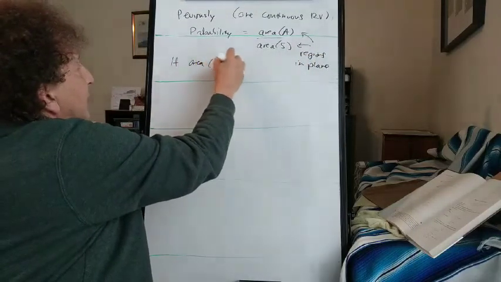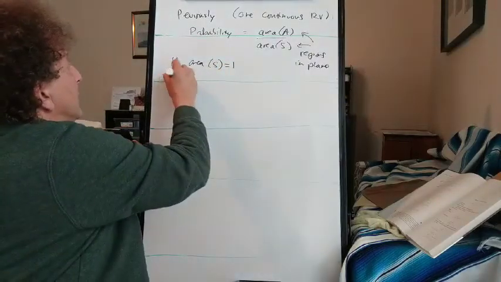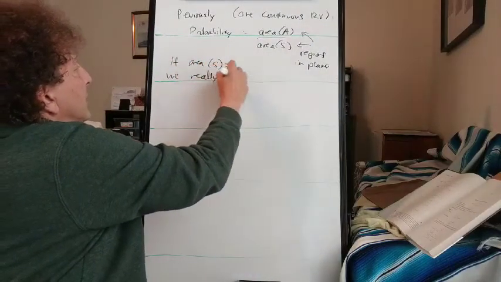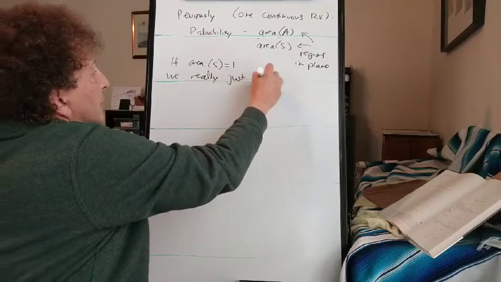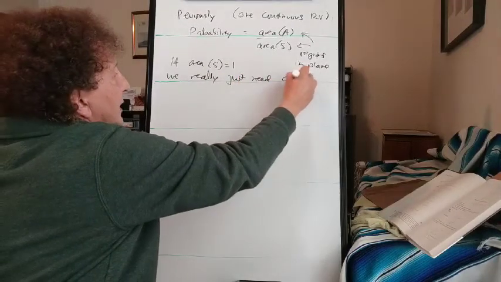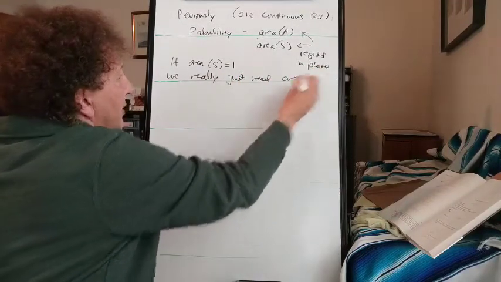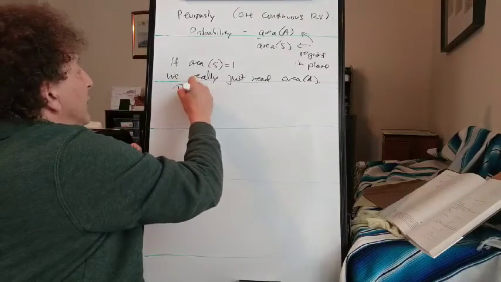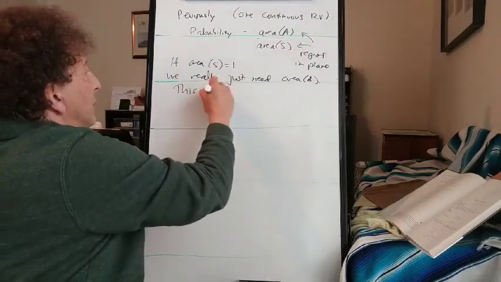And if area of S is 1, we really just need area of A for our probability, and usually this requires one integral.